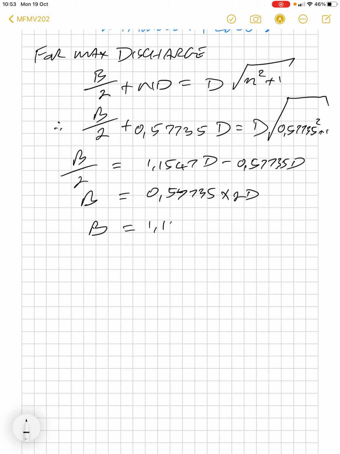And finally, we've got b is equal to 1.1547d.